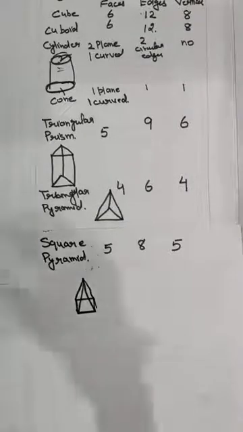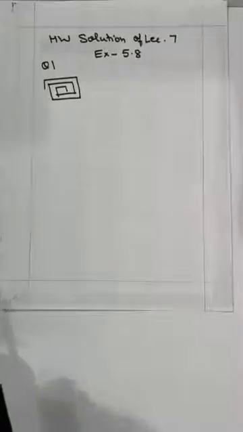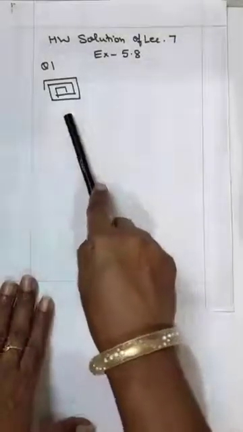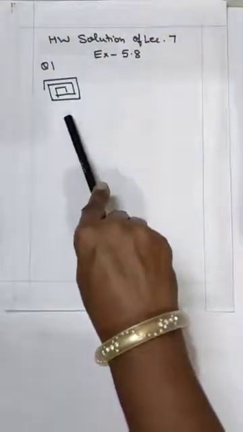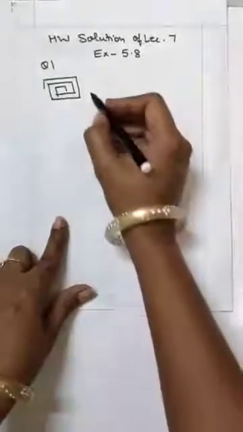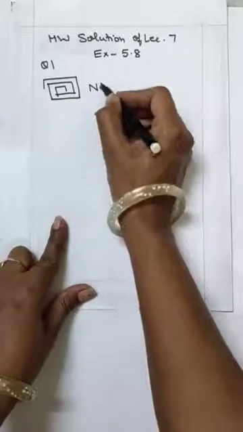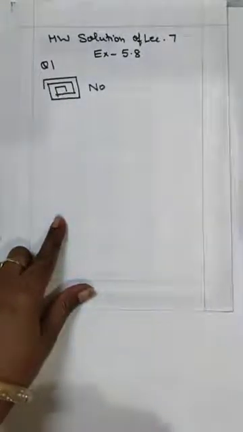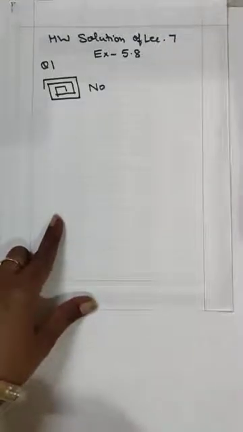First figure is like this. Is this a polygon? No, it is not a polygon because the definition of polygon is that it is a simple closed curve and it is not closed, it is open. If the starting and ending points are different, then it is an open curve. Second one, yes, second one is a polygon.